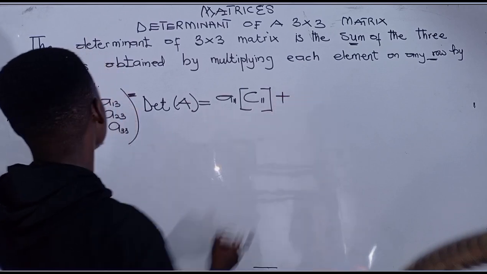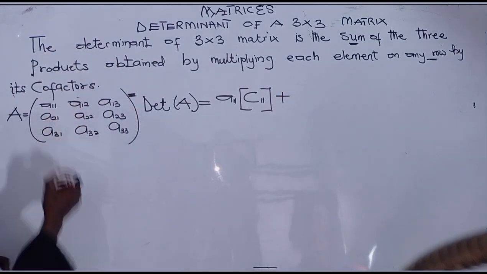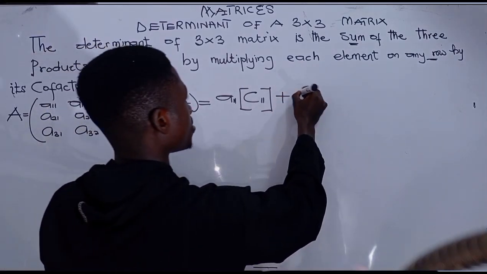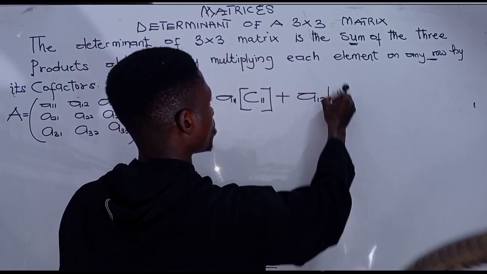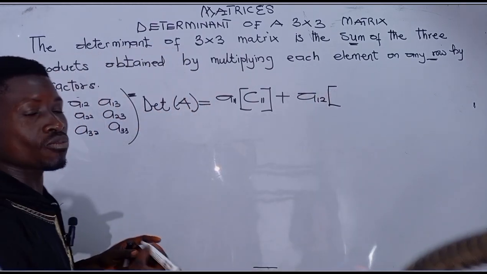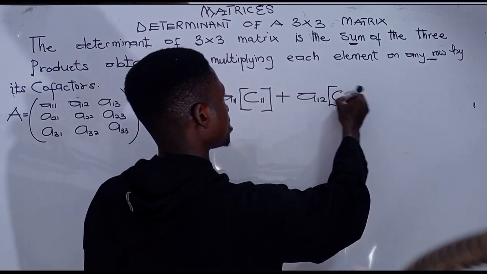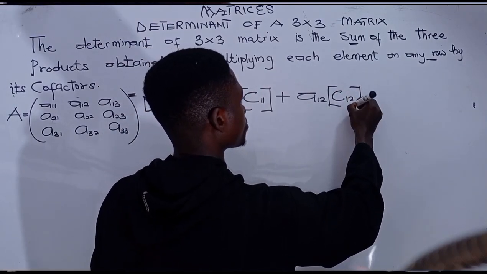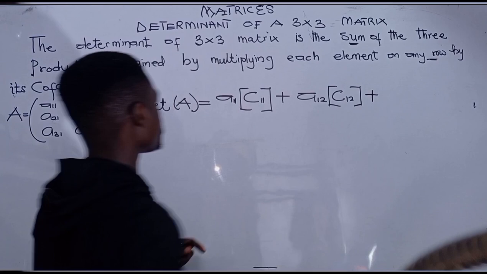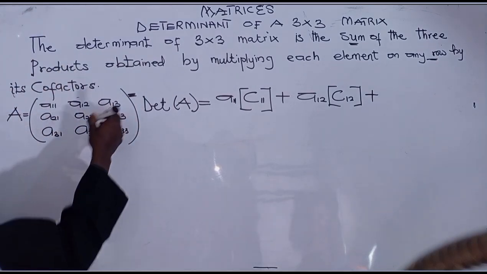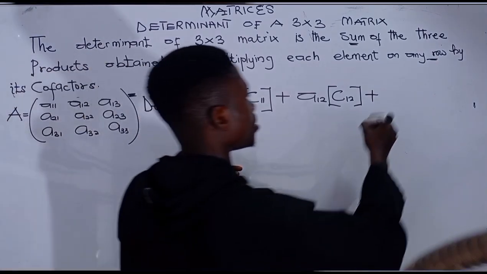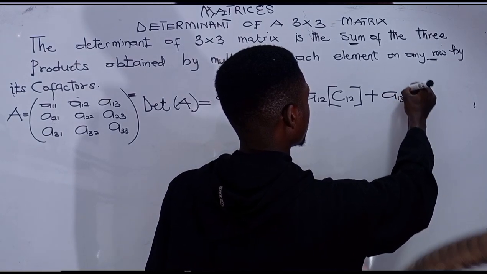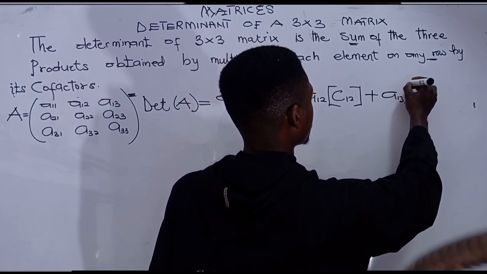Then we move on to the next entry, A12, multiplied by its cofactor, C12. Then the next entry, A13, multiplied by its cofactor, C13.